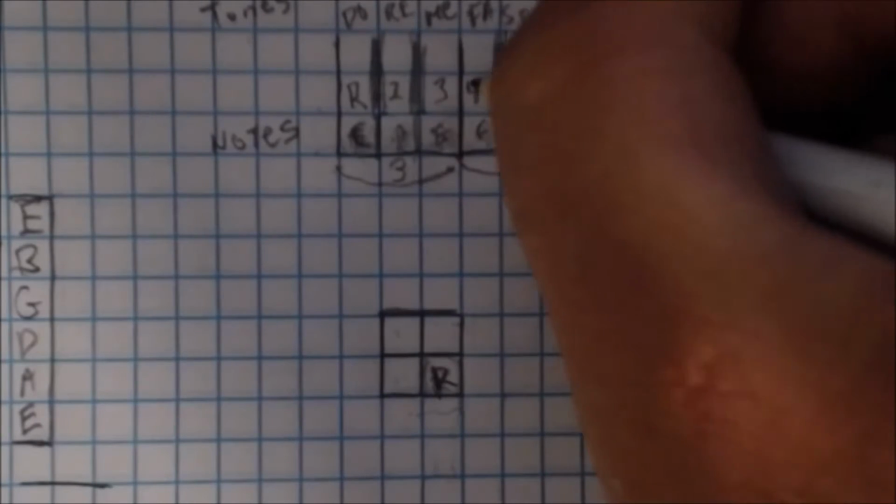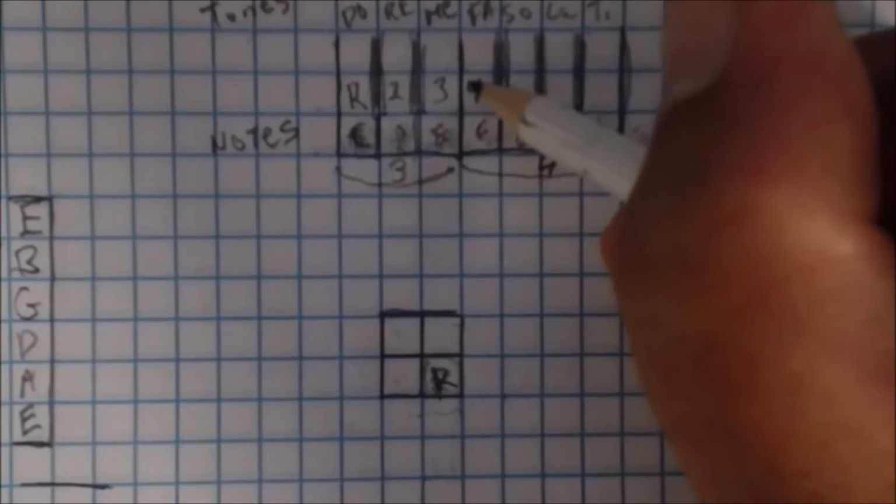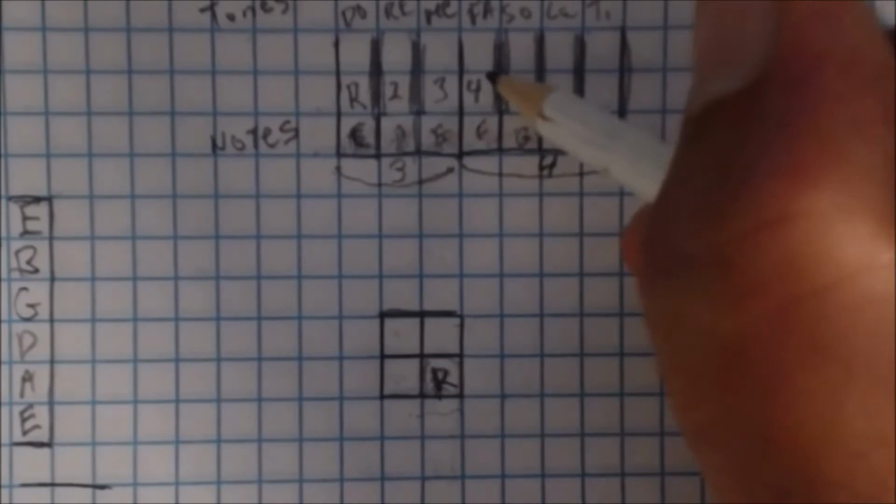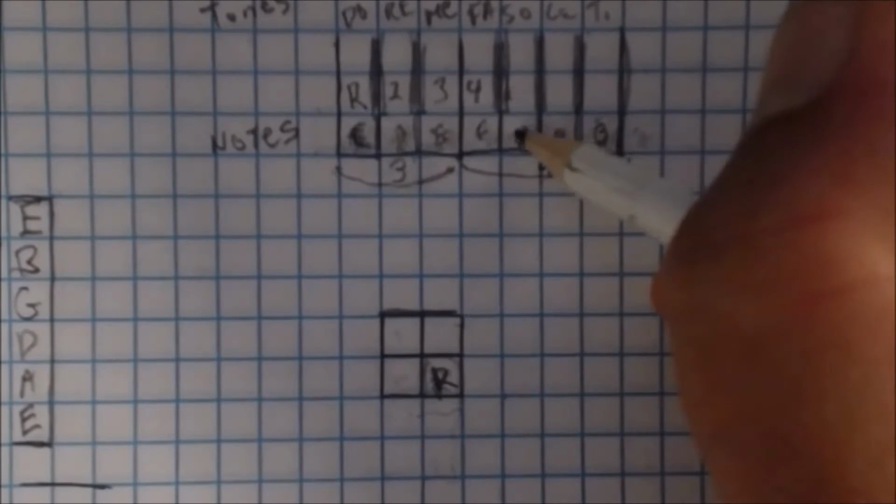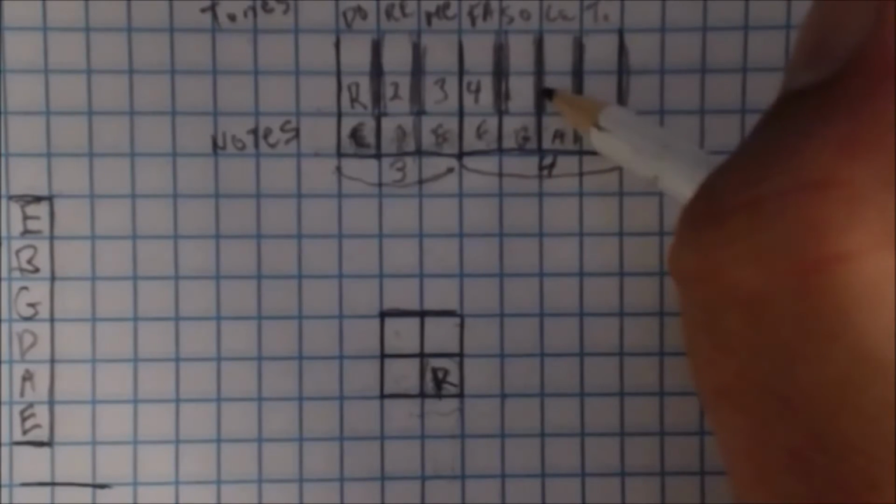Some other things I'm going to write here. This would be your root. This is your flat second, so this is your second. This is your flat third, so this is your third. This is your fourth. There's no flat fourth for you beginners. You have to get to know this pattern, and you'll get to know it as soon as you can start making music with it. Then your fifth. Fifth is so important it gets a note on each side of it.